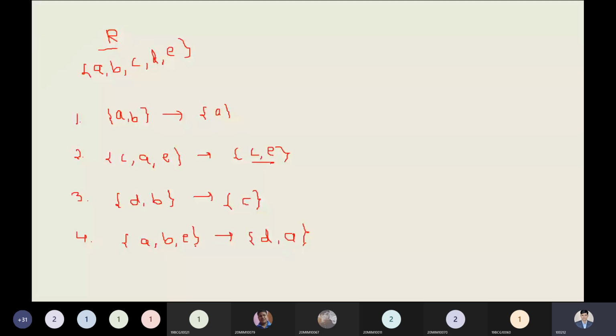Can you tell me what kind of functional dependency we have over here? Because A is matching, but D is not matching. What kind of thing do we have? Can you tell me right now if you have any idea? Just tell me right now. Non-trivial. Non-trivial. So why?